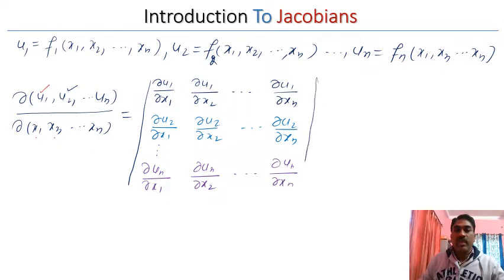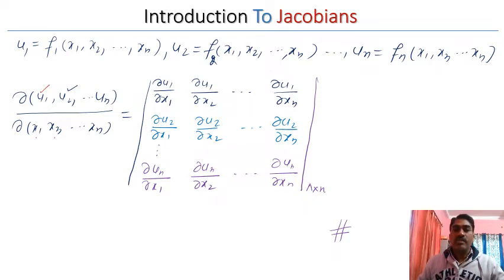So this n by n determinant is called the Jacobian of u1 to un with respect to x1, x2, xn. This is how we define the Jacobian and how we calculate it.